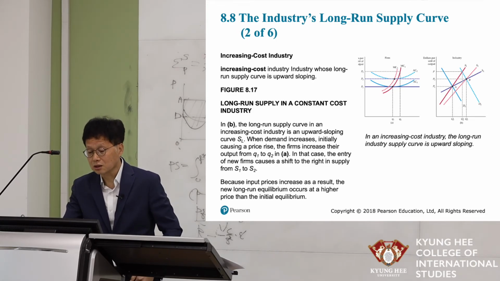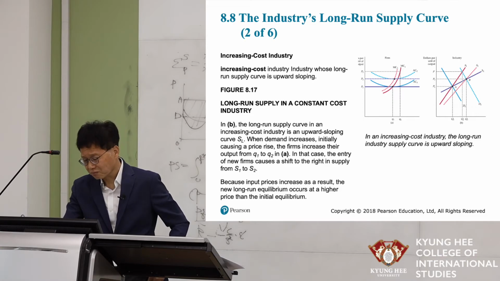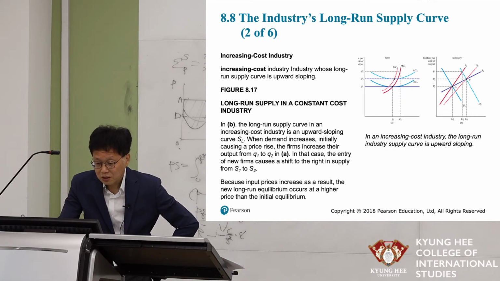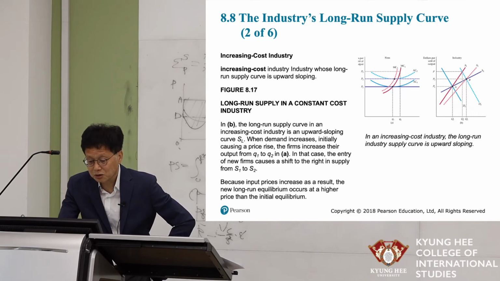Then the new price, at which firms' long-run profit is equal to 0, is this one instead of this one. That is P3 here, right? Look at this figure. In B, the long-run supply curve of an increasing cost industry is the upward sloping curve SL.